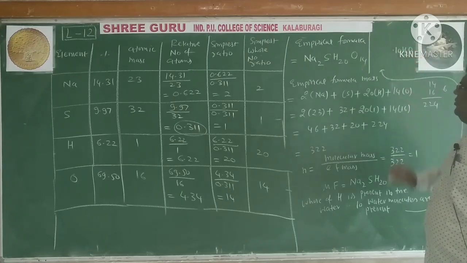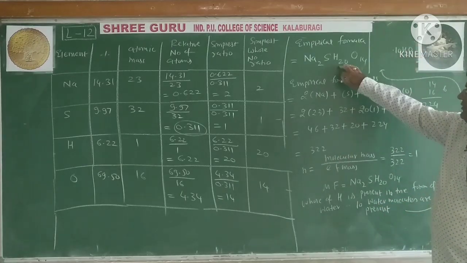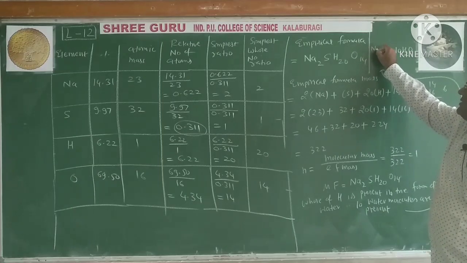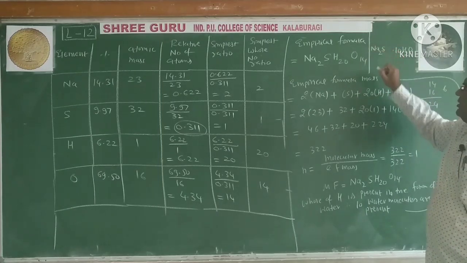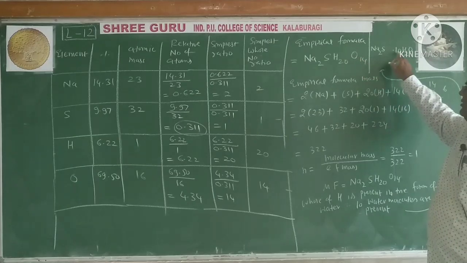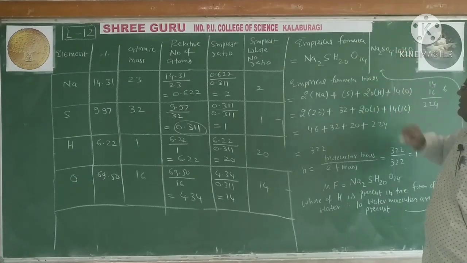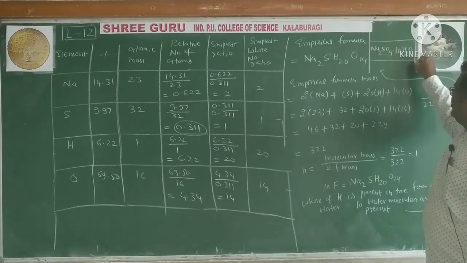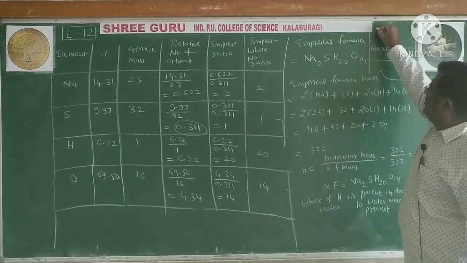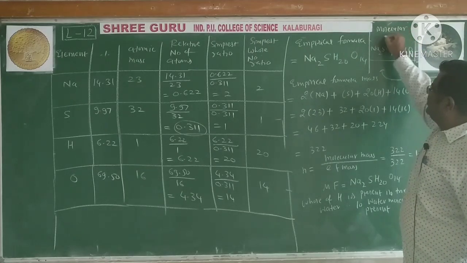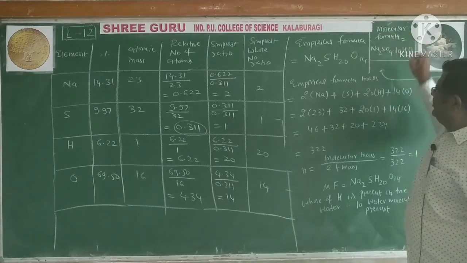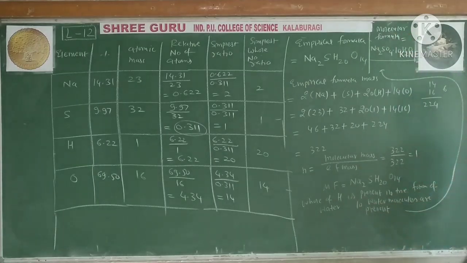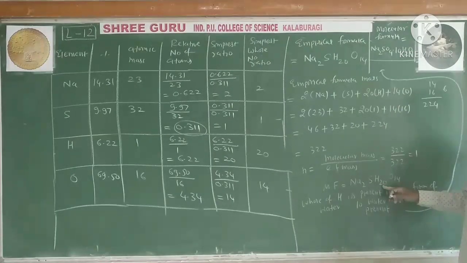10 H2O I have to separate, extract from it. What remains? Na2, S, and out of 14 oxygens, 10 we have taken. So it is Na2SO4·10H2O, the molecular formula, because they said the complete hydrogen atoms, which means 20 here, are present as water molecules, water of crystallization.